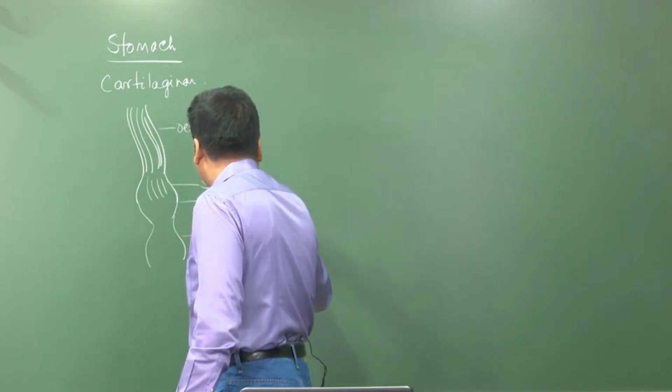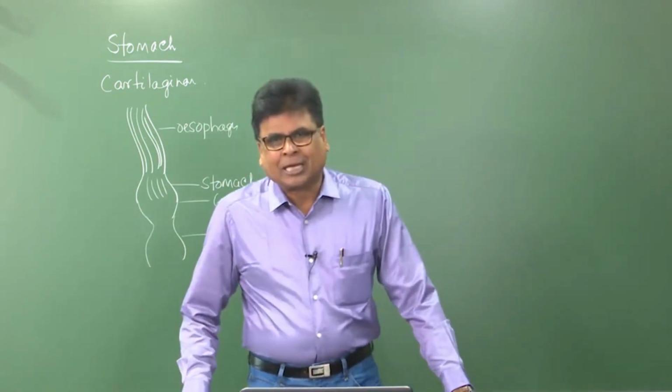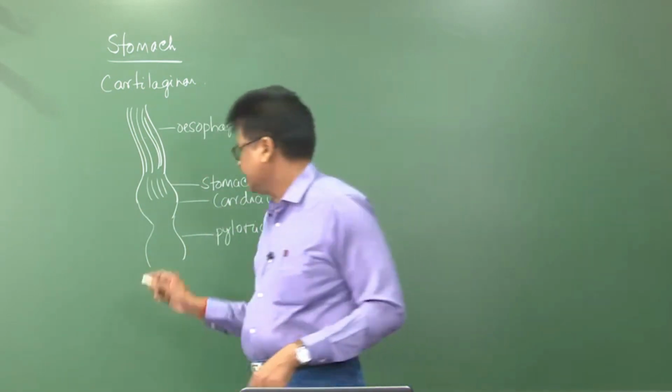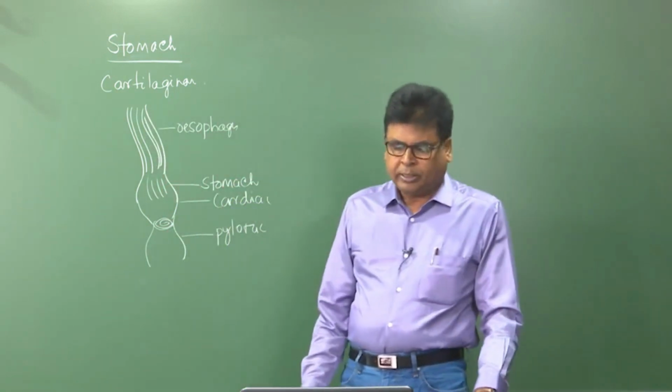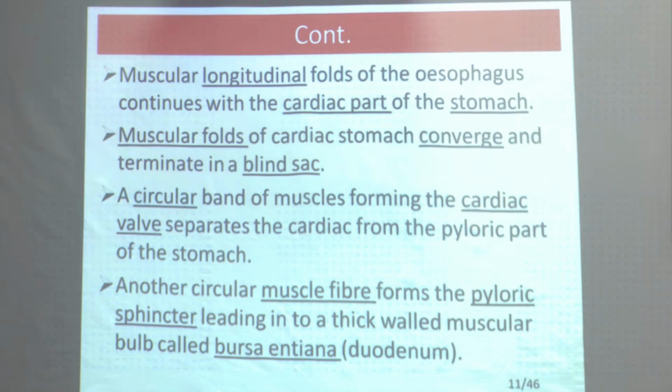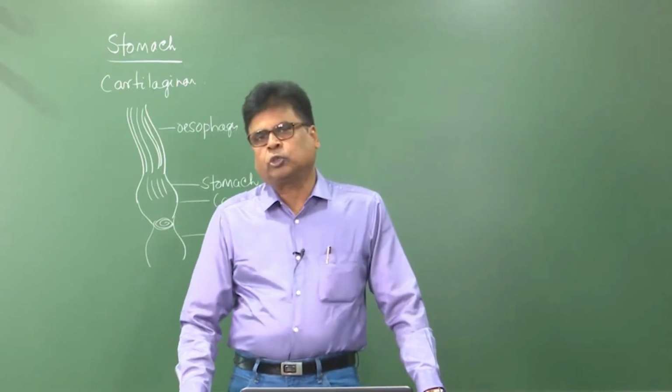So, what I want to say? In case of cartilaginous fish, a circular band is there. For example, this is a band. So, a circular band of muscle forming a cardiac valve separates the cardiac part and the pyloric part of the stomach.